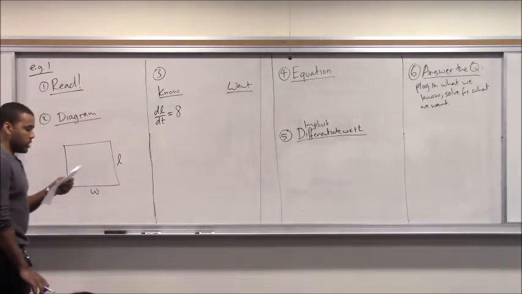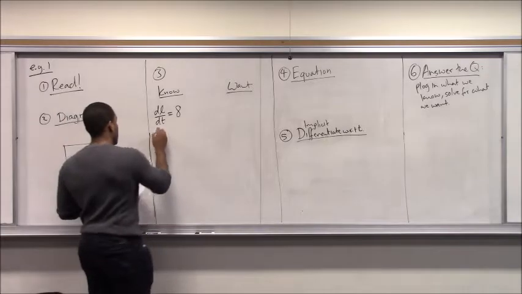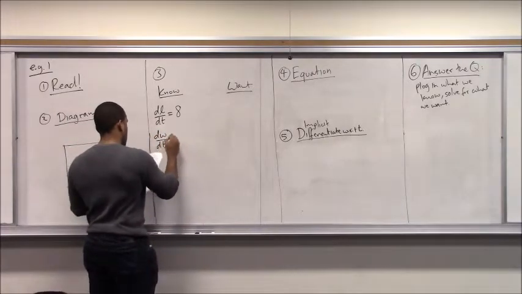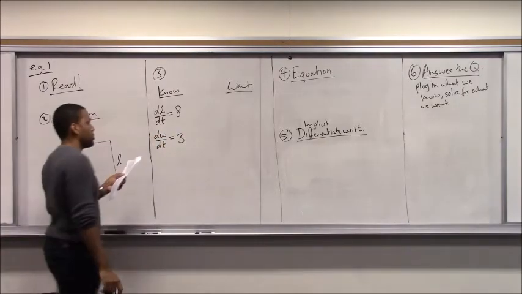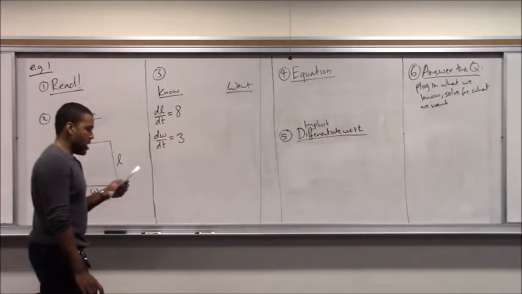They told me the width is increasing at 3. What does that say? So dW over dt equals 3. Okay, now they said, find how fast the area is increasing.